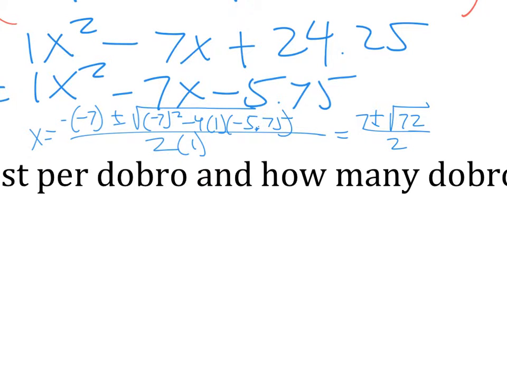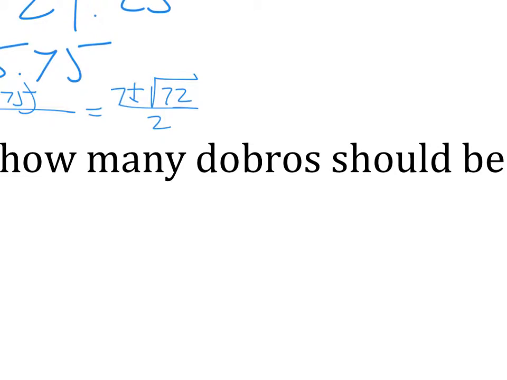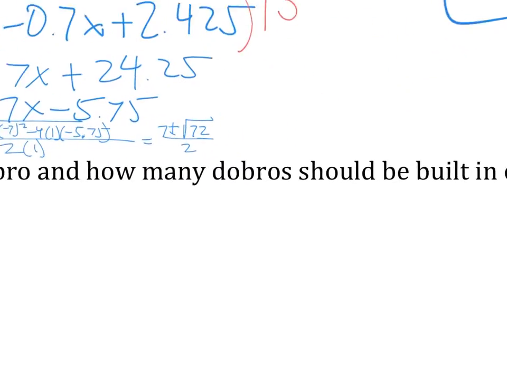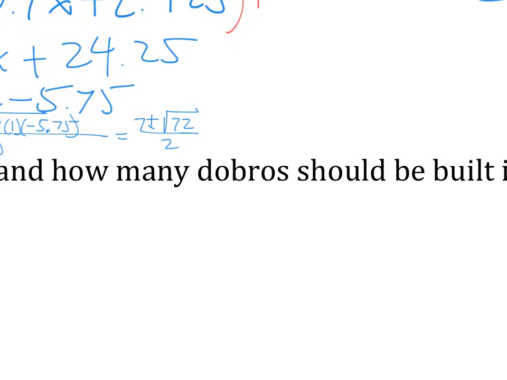And this is an application problem, so we can simplify here. We've got two possibilities, 7 plus the square root of 72 all over 2, or 7 minus the square root of 72 over 2. This last one is going to be negative, so we can just throw that out. Punch it in your calculator, it's negative because the square root of 72 is bigger than 7.